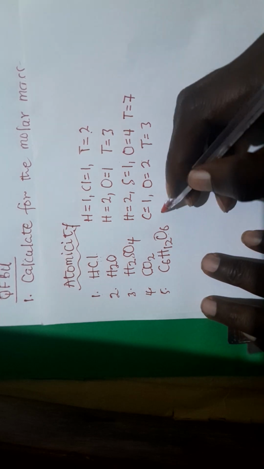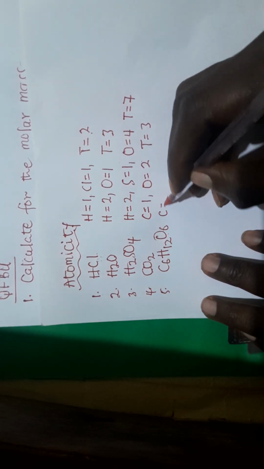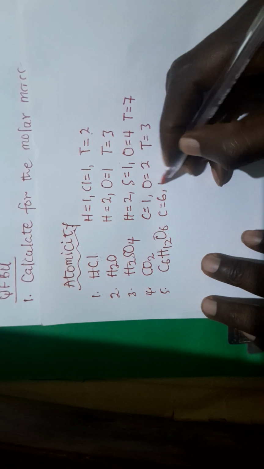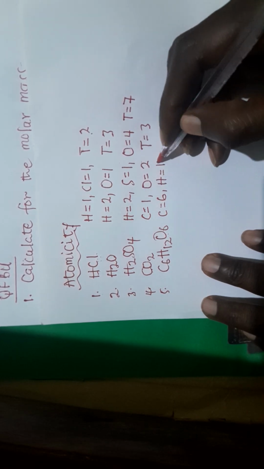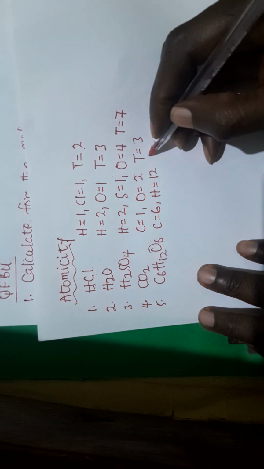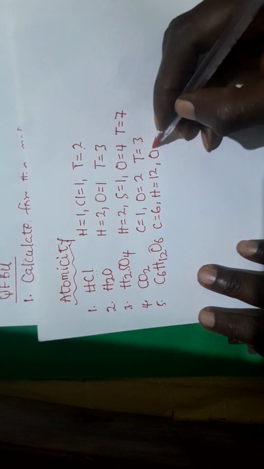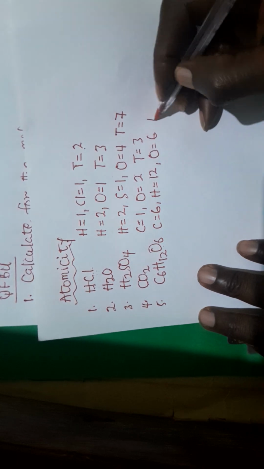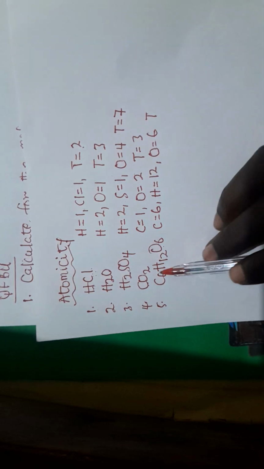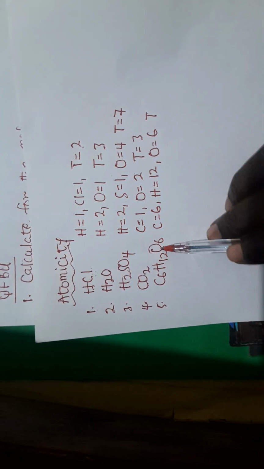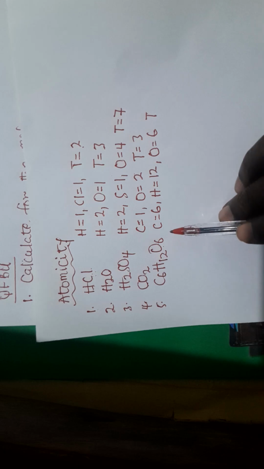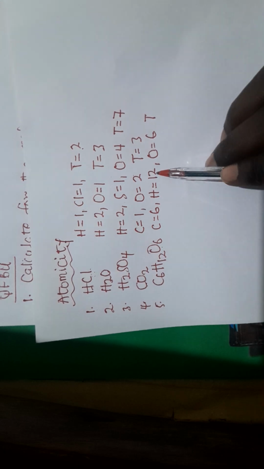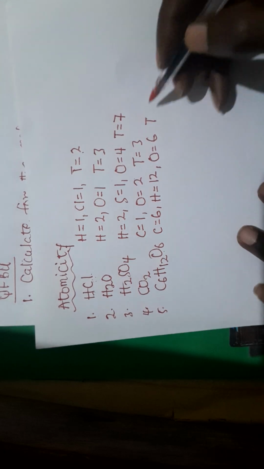Then what about this? The atomicity, we have carbon present, 6. Hydrogen, very simple, 12, that is the atomicity. Then the last is oxygen, which is 6. Can you tell me the atomicity of the whole compound? I think this is glucose. What is the total atomicity? This plus that is 18 plus 6, that is 24.